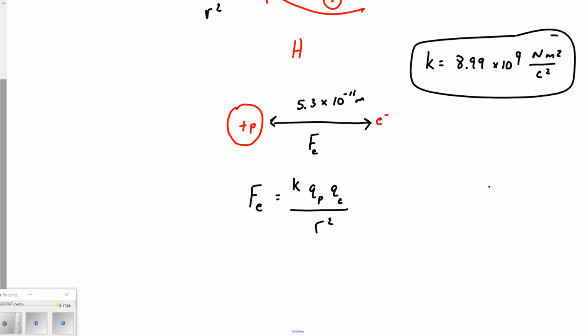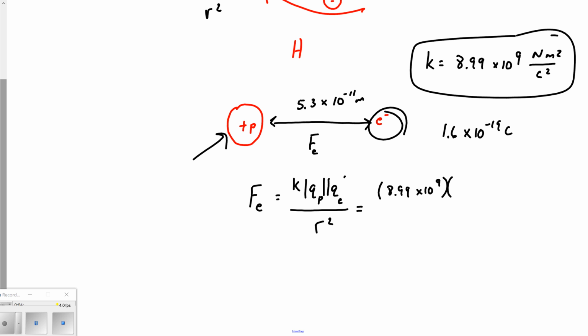So in this case, that would just be 8.99 times 10 to the 9. And I'm going to be very lazy and not write my unit, so you'll have to forgive me. Well, you've got to remember something. What's true about the charge of an electron and the charge of a proton? They both have a charge of 1.6 times 10 to the negative 19 coulombs. One's positive, one's negative, but in our case, remember, why am I being lazy?